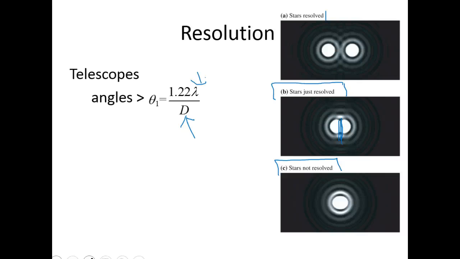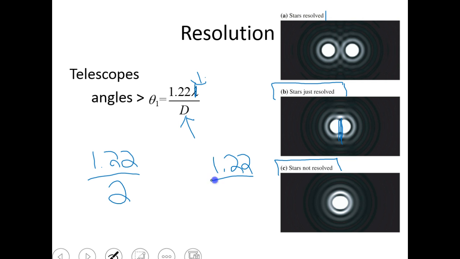So let's say I've got a wavelength of 1, just to make things simple. If I have 1.22 over, let's say 2, versus 1.22 over 4, right?